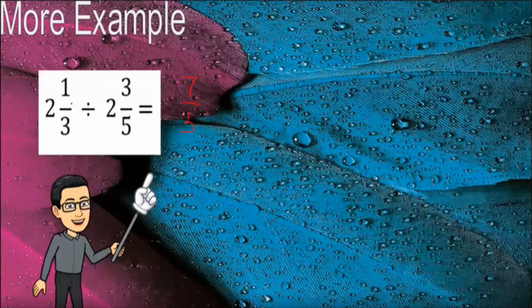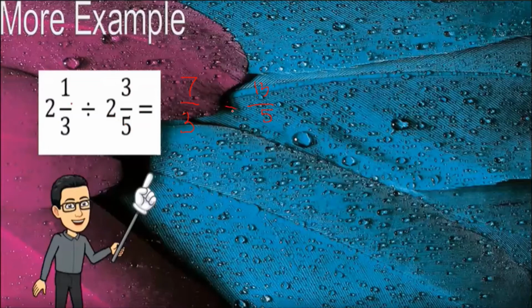The next one here is 2 and 3/5. So let us change this one into an improper fraction by multiplying 5 times 2. It's 10. 10 plus 3, that is 13. So we have here 13 over 5.